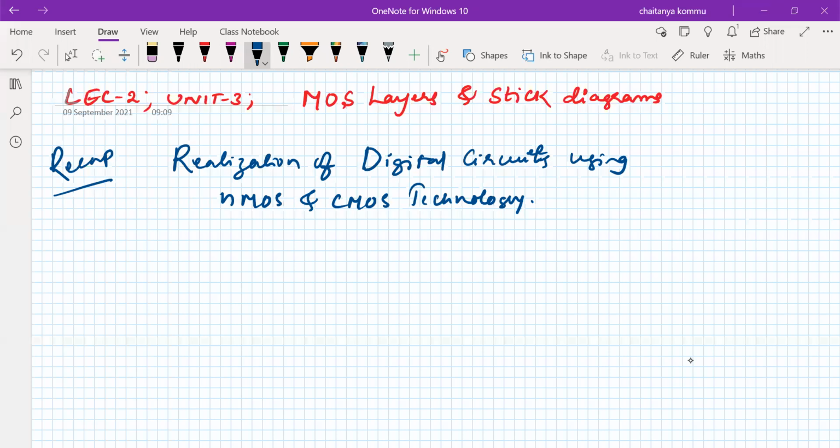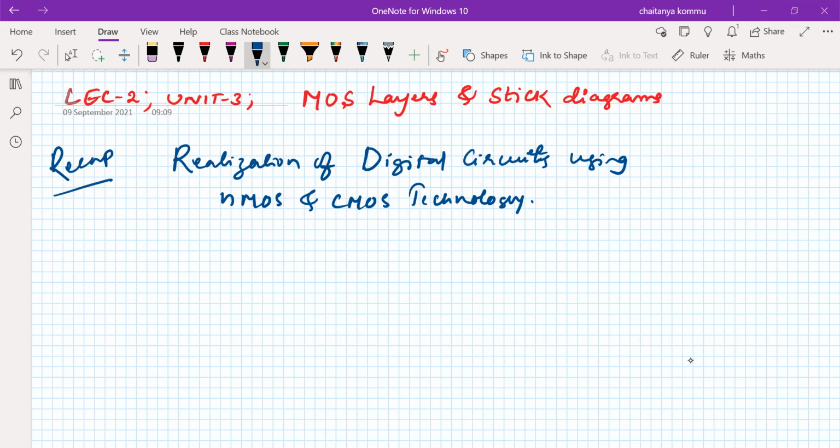So what are the different layers that we can see for a particular transistor? Instead of the symbolic representation of NMOS transistor and PMOS transistor that I have used so far, the circuit is materialized by the MOS layers.